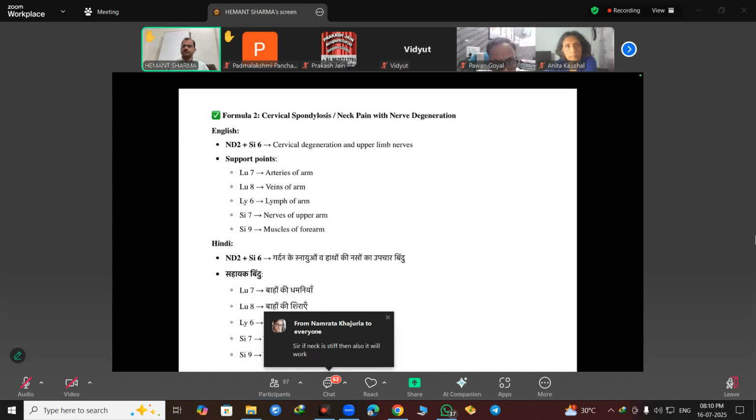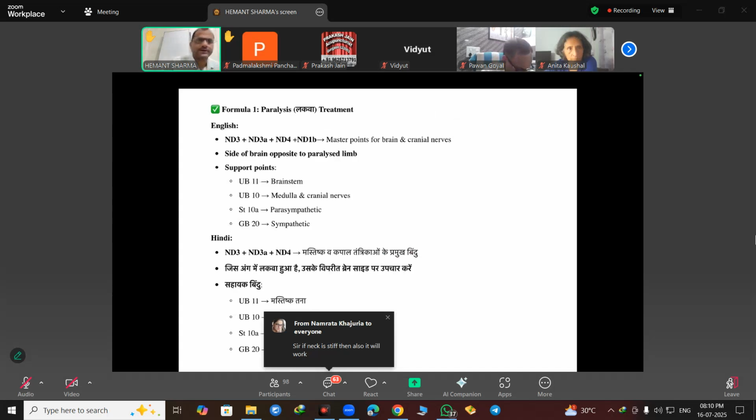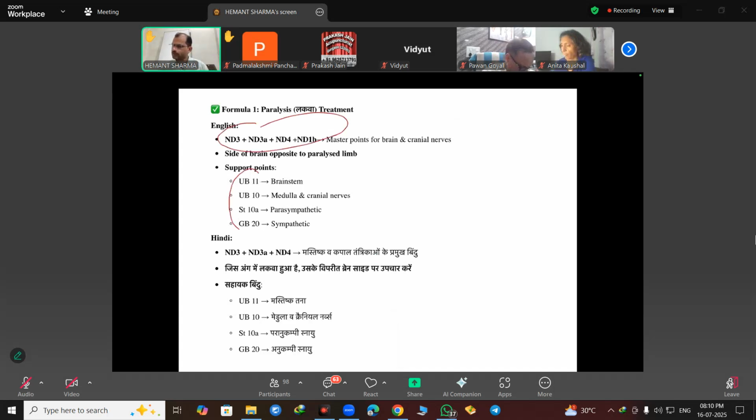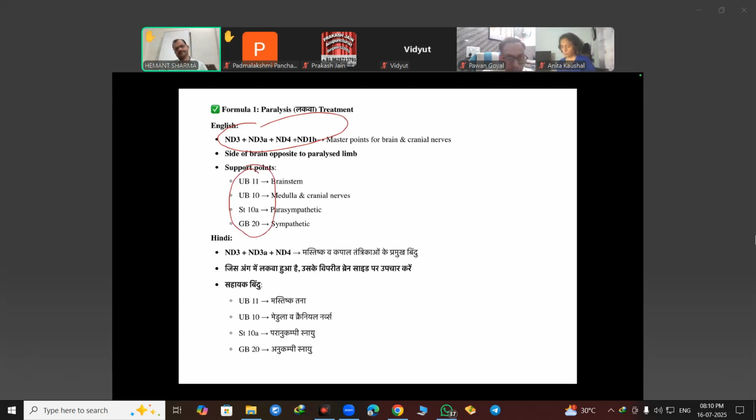So for the patient suffering with paralysis treatment, you have to use these points with these combinations. Okay. These all points are working centrally. They're the very important point.